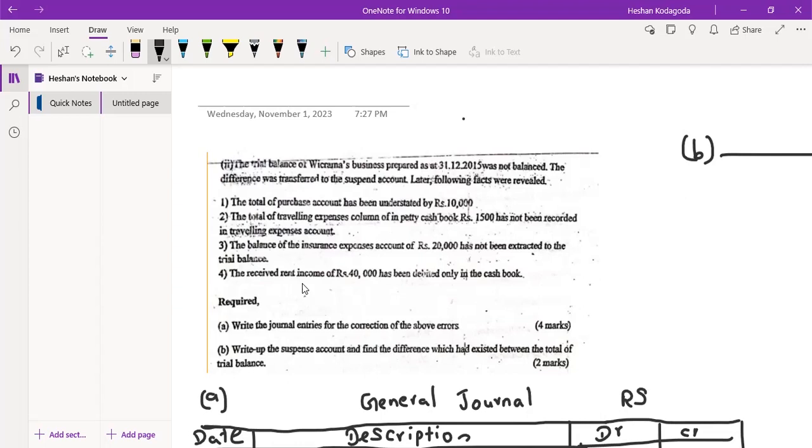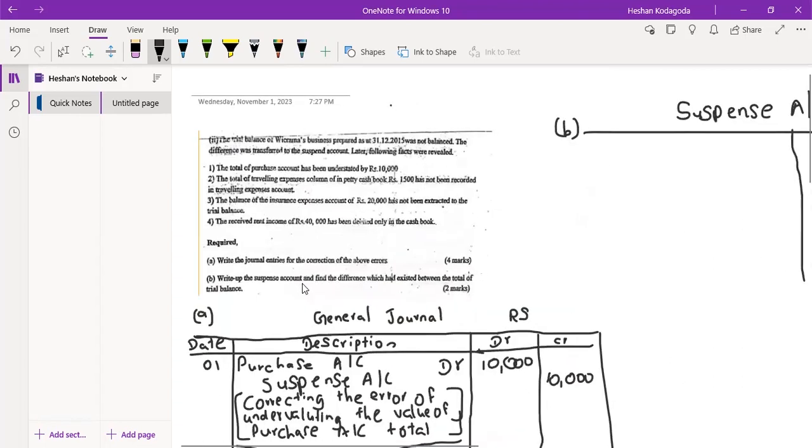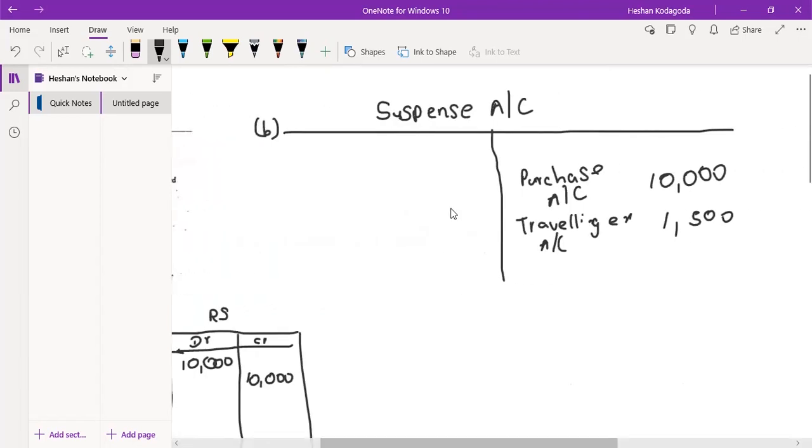Because of that, our trial balance is different by 20,000 in the debit side. To overcome this, we need to write 20,000 in the debit side of the trial balance as a suspense account to temporarily tally the trial balance. We need to take that 20,000 to the debit side of the suspense account.